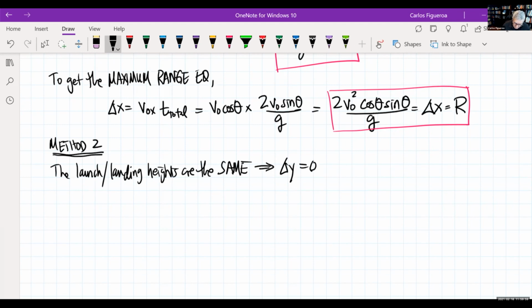So when I'm looking at my trajectory here, and I'm looking at this object as it's coming in, it has to be like this. So the final and initial heights must be the same. Therefore, the height change has to be 0.